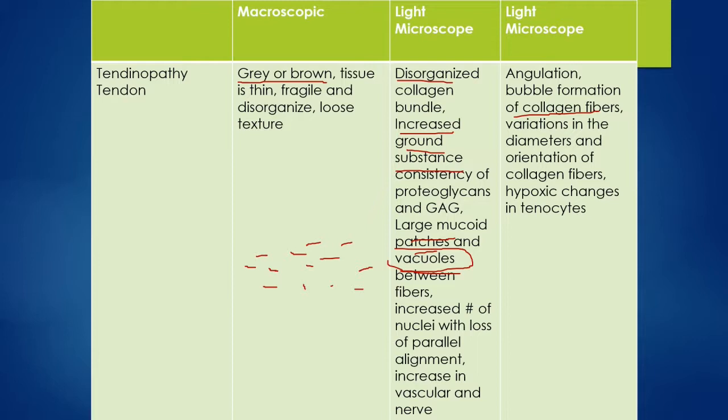Okay? So let's talk about what's known about tendon degenerative changes. And the current model that describes tendon degenerative changes describes those changes as occurring along a continuum. So this is the continuum of tendon pathology.